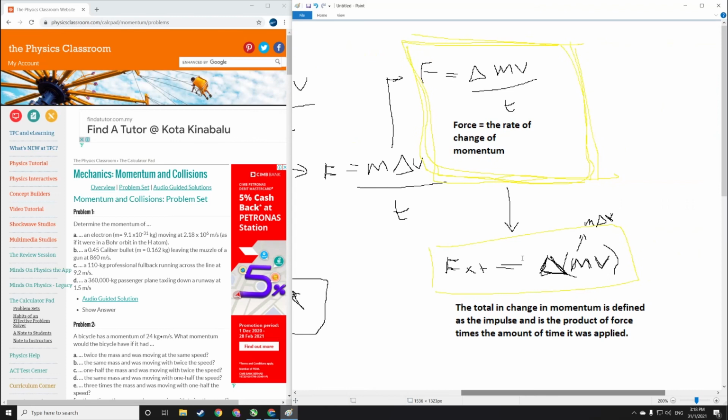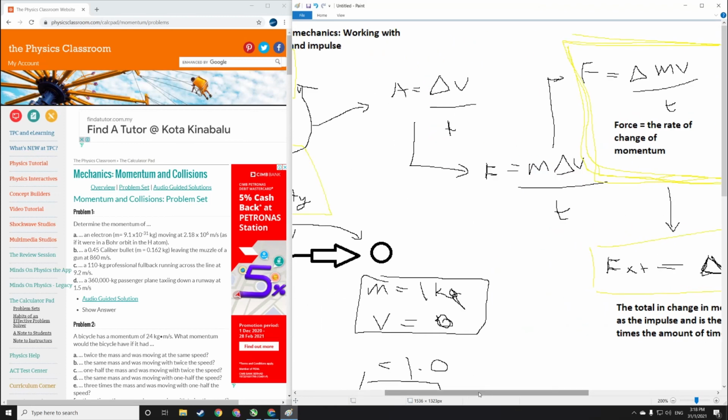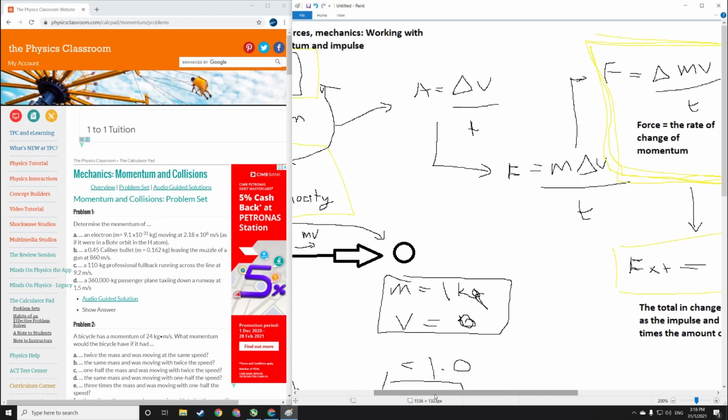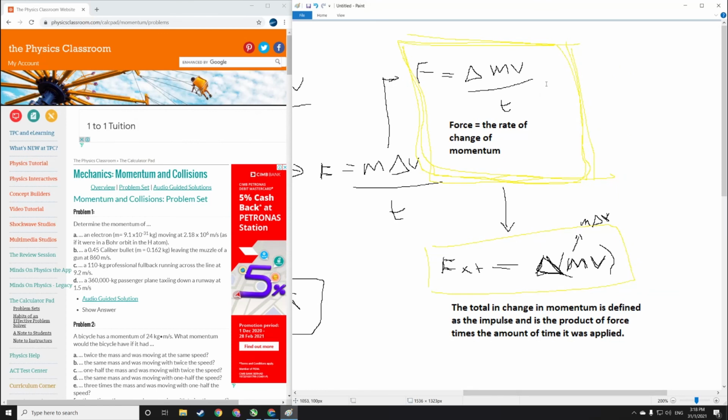So we substitute acceleration for the change in velocity in a given amount of time, and we get delta mv over t. And then finally we have impulse, which is F times t, which we just remove this t, and we get the change in momentum. So that's the impulse, and it's the product of force times the amount of time it was applied.